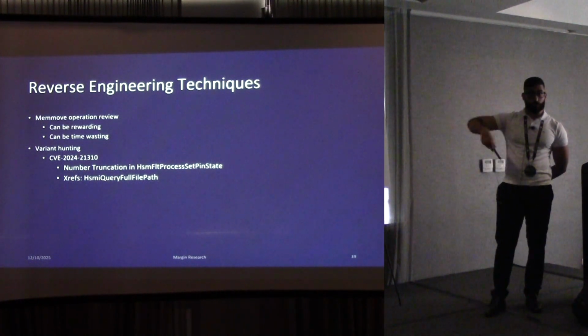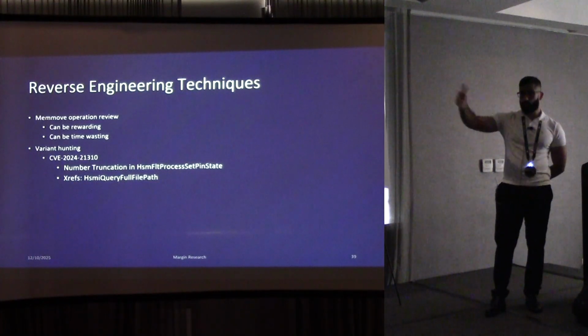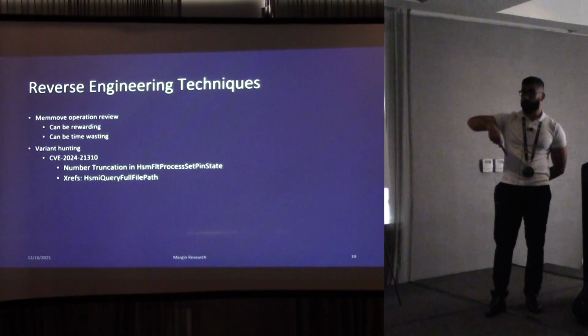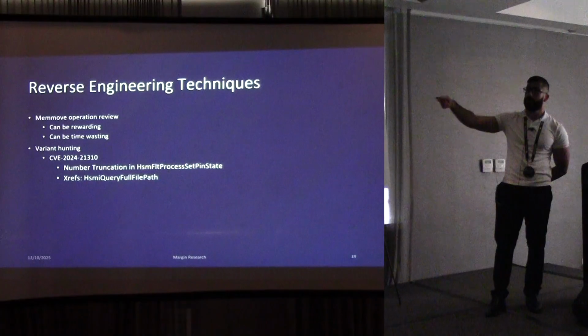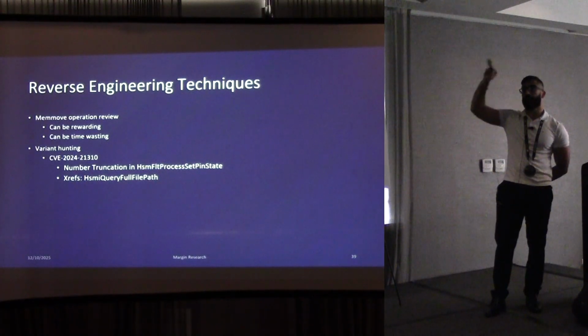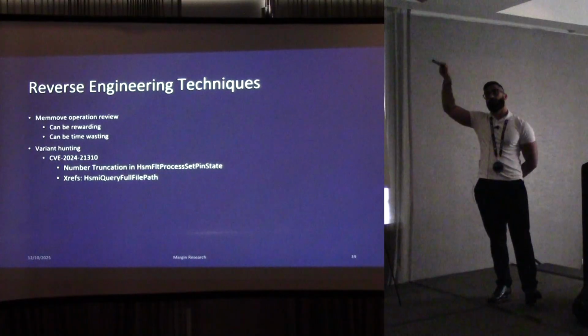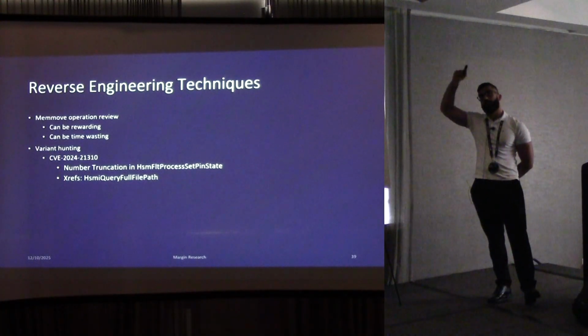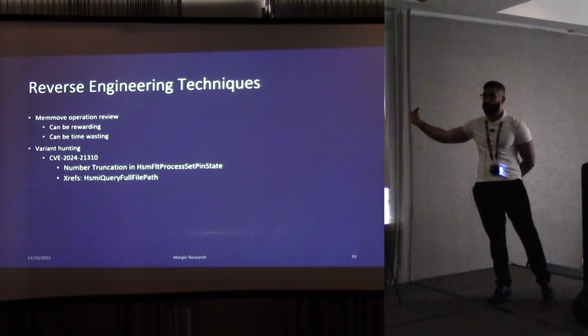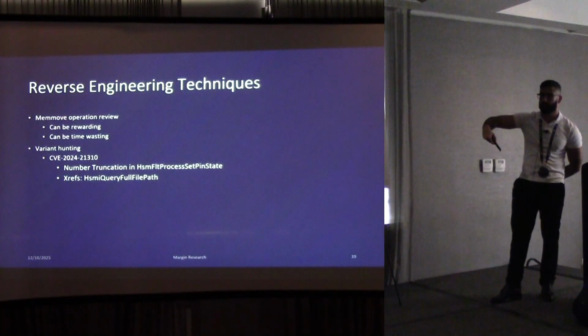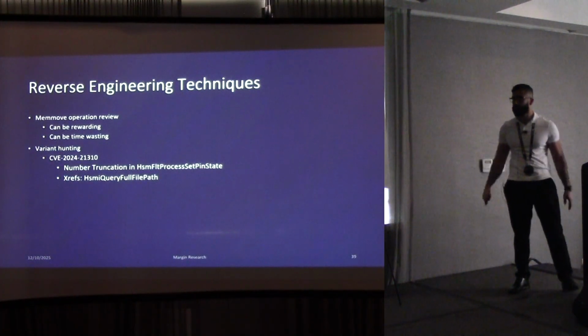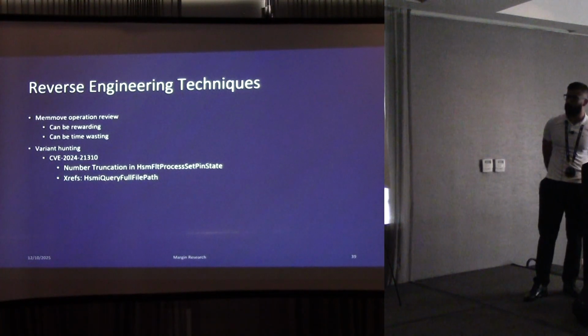Well, there was an integer truncation bug where when it's querying the file path, if 64-bit file paths were enabled, the function would return a 64-bit integer, but the logic of the driver actually still used, I believe, a word. So you have a very large truncation, and that led to, I believe, an overflow.